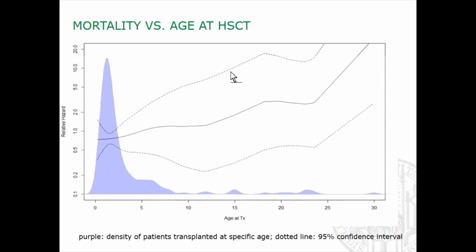So it's not really possible to say that these are valid data, but it looks like that the transplant risk somewhat increases with age and then jumps again with puberty, and then maybe even goes up more with adulthood, which is biologically what we think it does. But it's very hard to put it into scientific figures, and we've tried to do it this way.